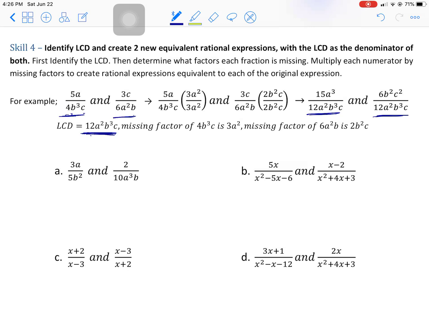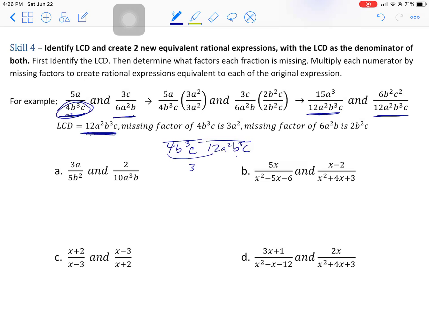Okay? So that means we need to convert 4b^3c into 12a^2b^3c. So how do we get that? Well, 4 to 12 is a 3, right? b^3 to b^3 means I didn't multiply by any b's.